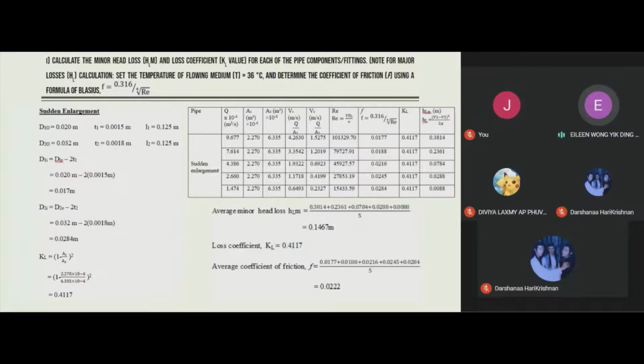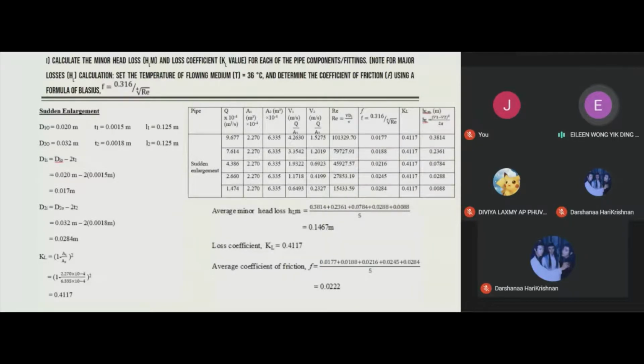So for the first inner diameter, it is equal to the first outer diameter minus 2 T1. So we can get 0.017 meter. For the second inner diameter, we get 0.0284 meter. By getting these two diameters, we can calculate area 1 and area 2.